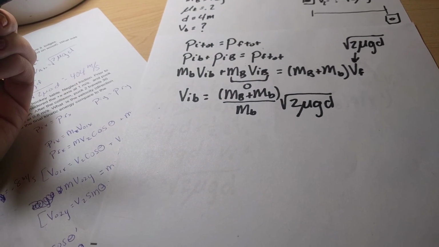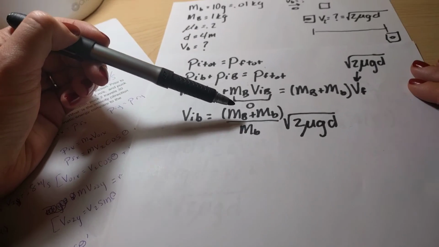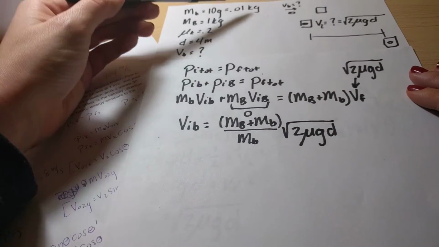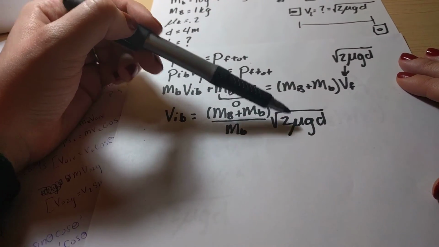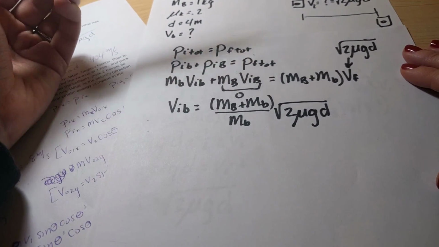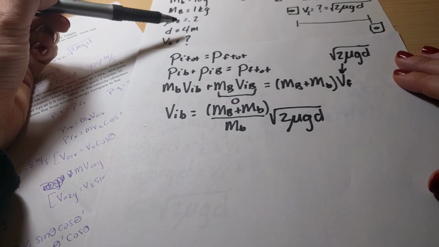And that's basically it. Now we just plug and chug. We're plugging in the mass of the block, which we said was 1 kilogram, the mass of the bullet in these two spots, which we said was 0.01 kilogram, multiplied by the square root of 2 times mu, which is 0.2, g, which is 10 meters per second squared, and our distance of 4 meters.